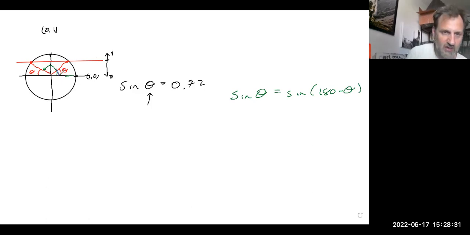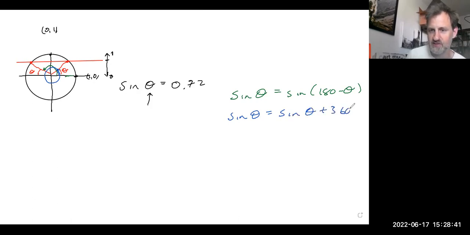Sine of theta equals sine of theta plus 360, right? Because adding 360 degrees to the angle gets me back to the exact same spot. And then I can take 180 minus theta and add 360 and get more answers there too.